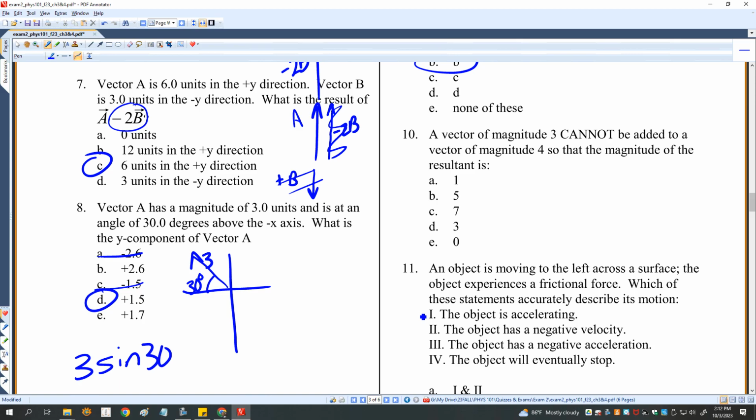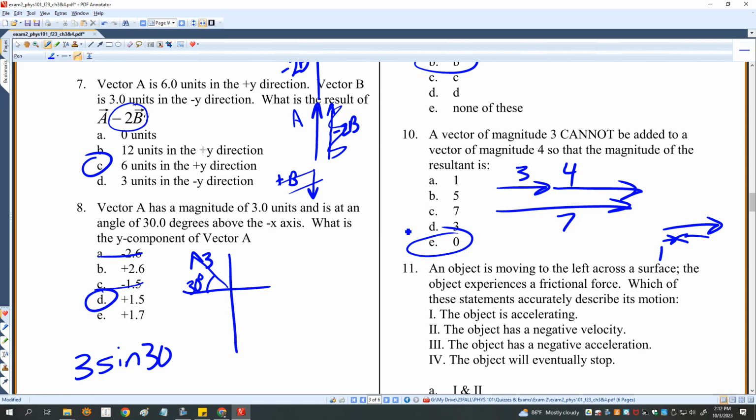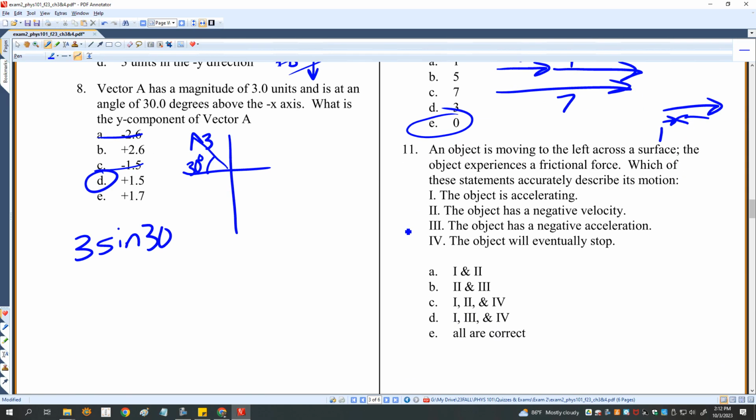What is the magnitude of the resultant? Well, we have two extremes. I could have 3 and the 4 gives me one that's 7 units long, or I could have a 4 minus the 3, which gives me a vector that's 1 unit long. So it has to be between 1 and 7. So the answer is 0. It's not in between those max and min vector sums.